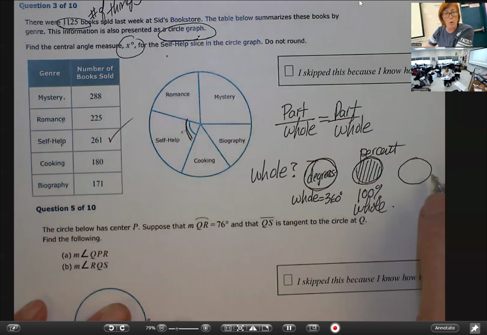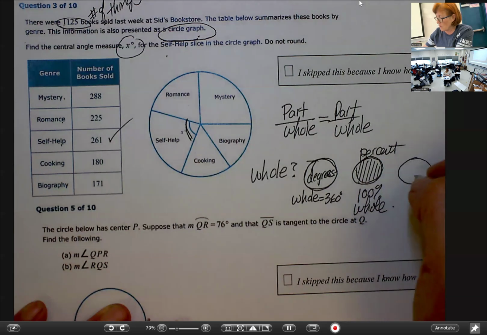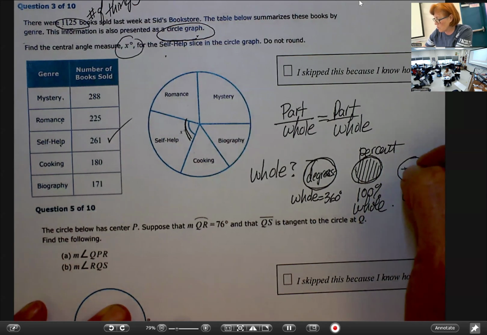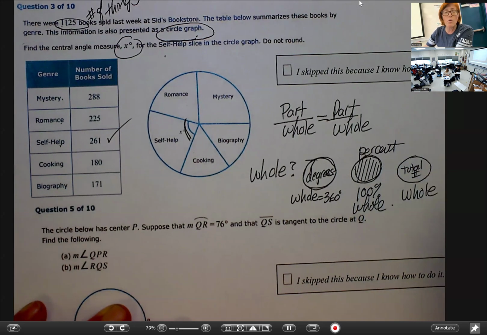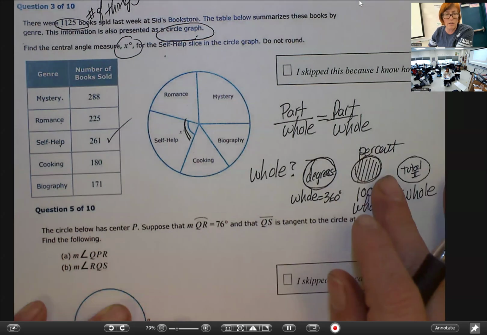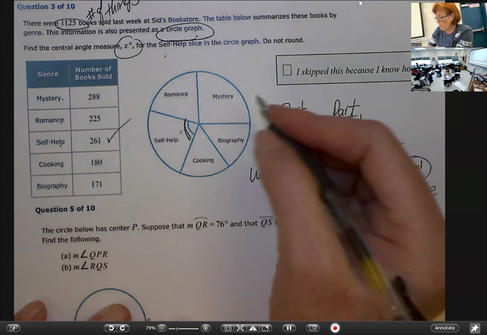And then the third way you can see the whole is whatever the total number is. Total number of things. All right. And you're going to be using 2 of these. So we look at what we have.